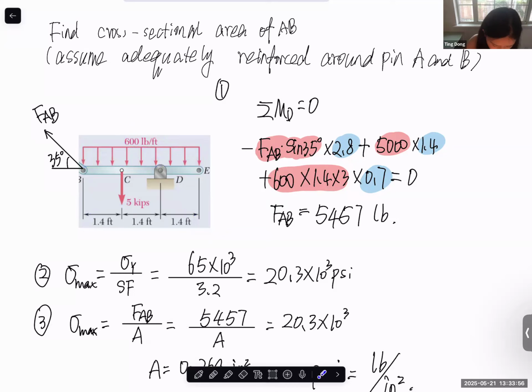It should be applied at the center of the section because it's uniformly distributed. If this is the center, it's also the middle point of CD, so this becomes 0.7. That's why we have 0.7 here. Did I answer your question about how you got the distributed load function?